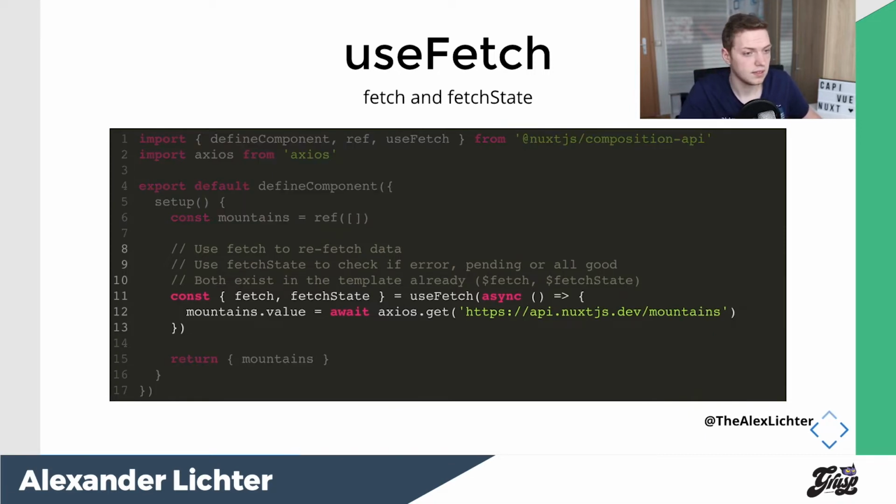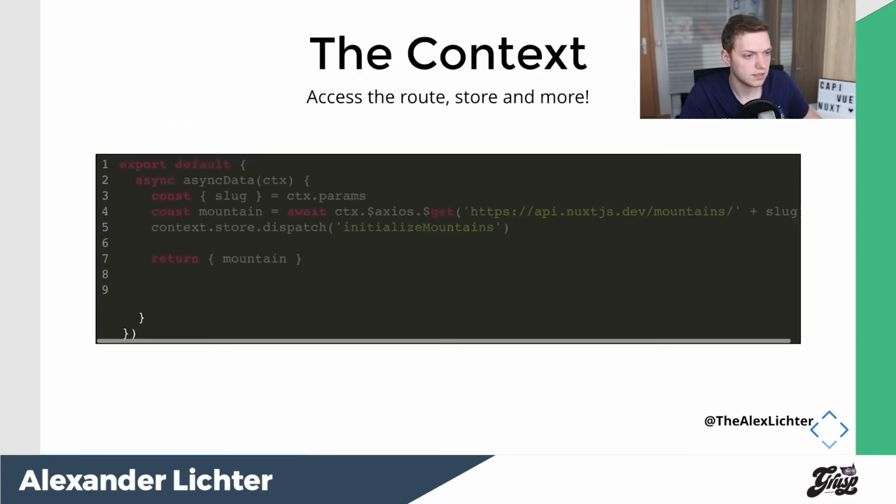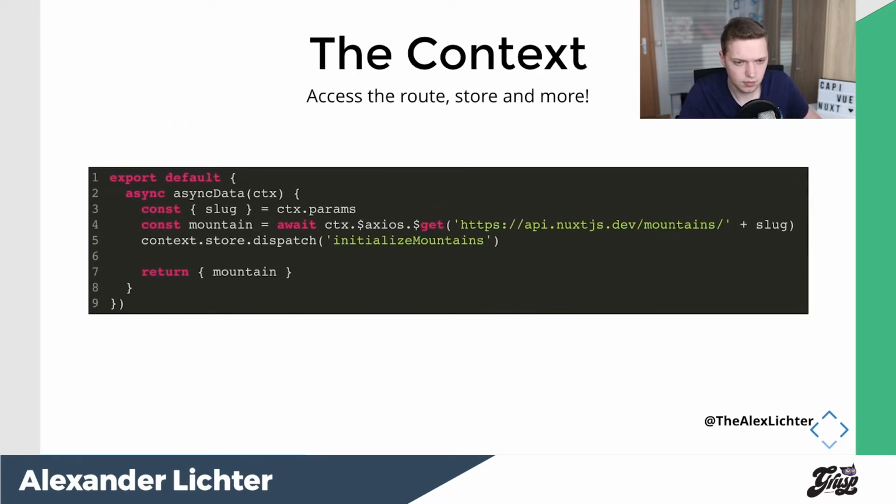Nice. Now, let's talk about the context. The context is available throughout Nuxt.js in various scenarios: in asyncData, in a plugin function, in middleware, in nuxtServerInit, and so on.